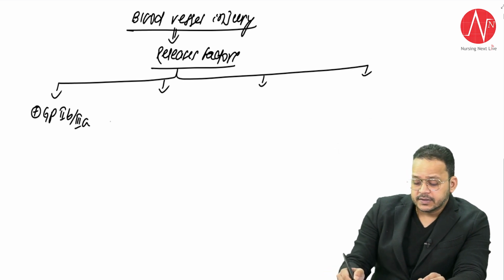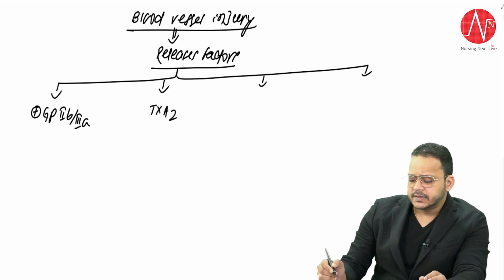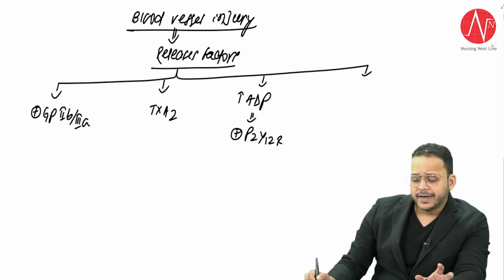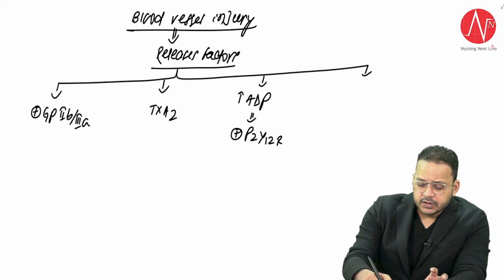It releases thromboxane A2 by cyclooxygenase, and it increases release of ADP, adenosine diphosphate, which stimulates a receptor called the P2Y12 receptor.